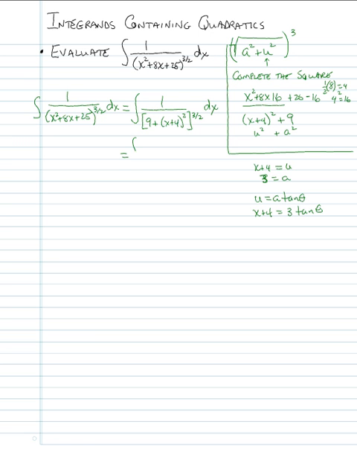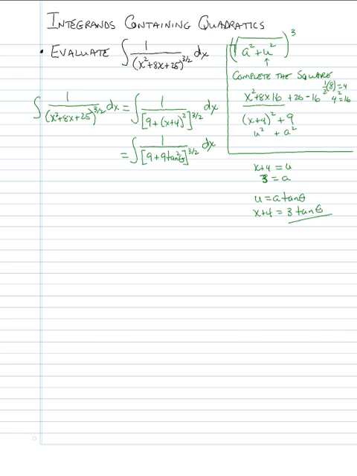When we do that, then we have a 9. We don't change that, but the x plus 4 is being squared. So when we square x plus 4, we square this 3 tangent of theta, and that gives us 9 tangent squared theta. And of course, that's raised to the power 3/2.